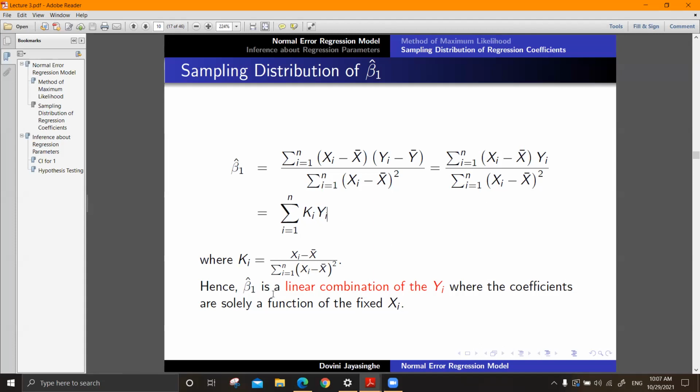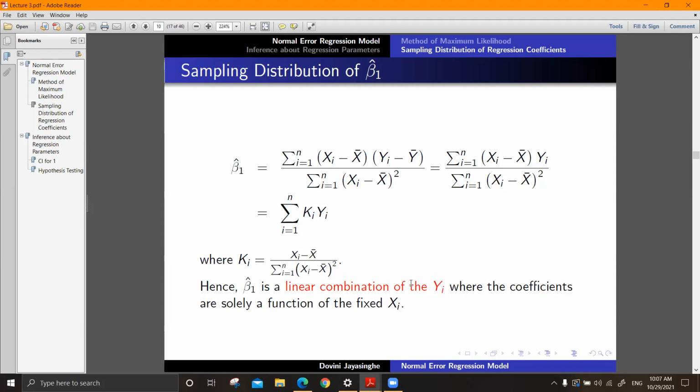So hence beta 1 hat is a linear combination of yi, where coefficients are solely a function of the fixed x level. So when you fix a particular x level, this is going to be a constant, right? xi is going to be a constant if you fix. X1 is just x1. So at a given x level, this is going to be a constant. So that is how you say beta 1 hat can be written as a linear combination of yi.